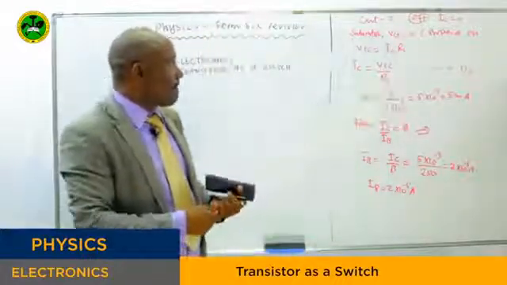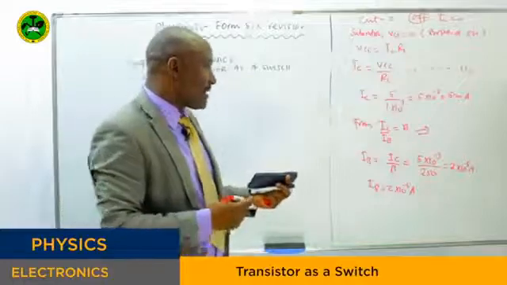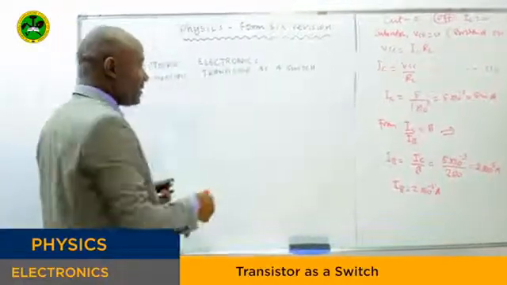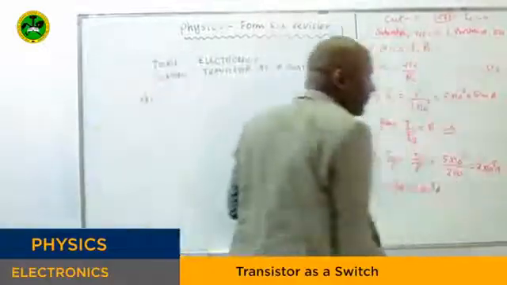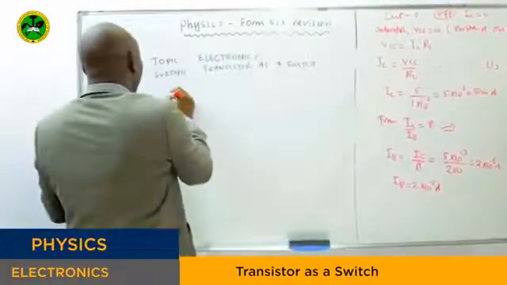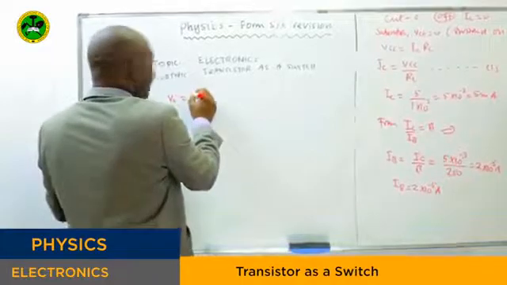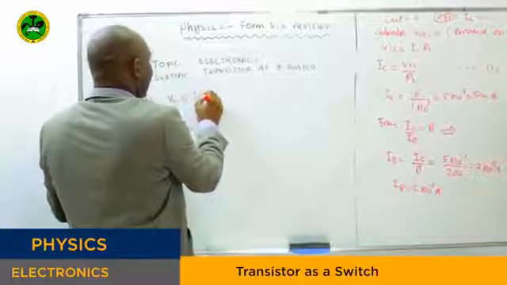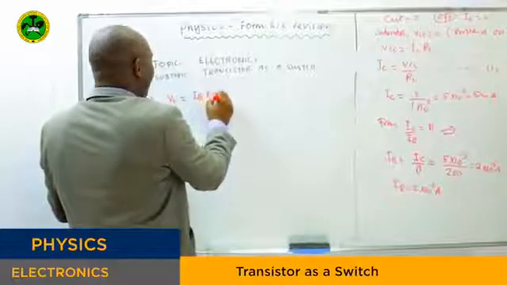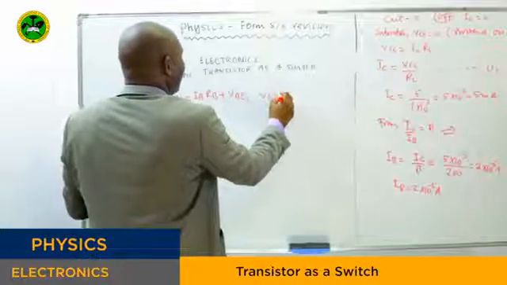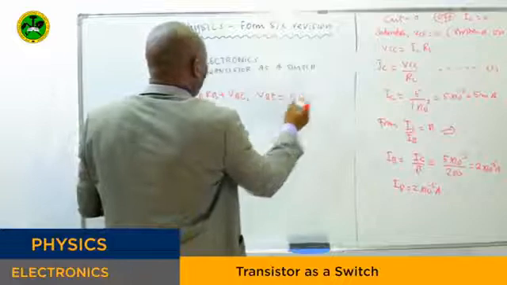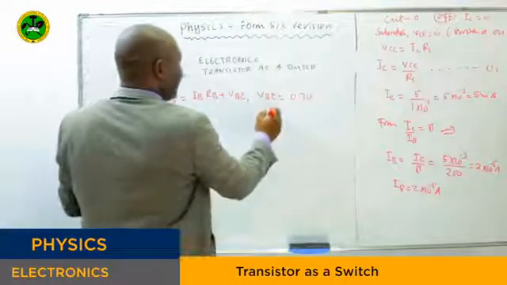So from there, you are supposed to find the corresponding input voltage. You know the input voltage equals the base current times RB plus VBE. We know our VBE for this silicon transistor is 0.7 volts, and we know the base current now.